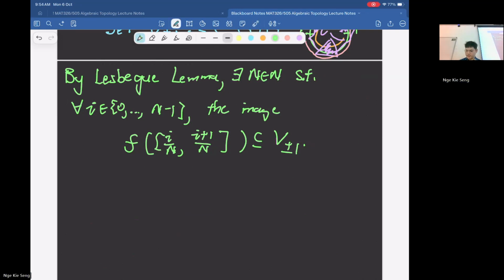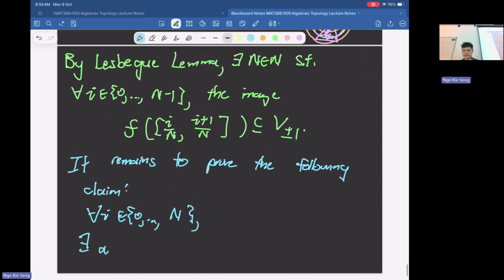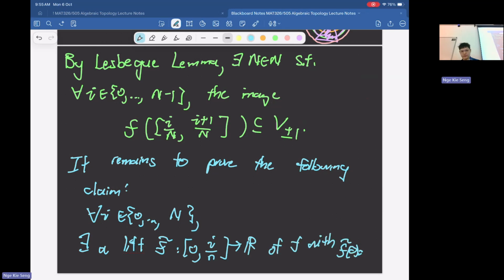So it remains to prove that we can slowly lift. What do I mean by slowly lift? For every i from 0 up to n, there should exist a lift f tilde, lifting f on 0 up to i over n, which starts at the same point f tilde 0.